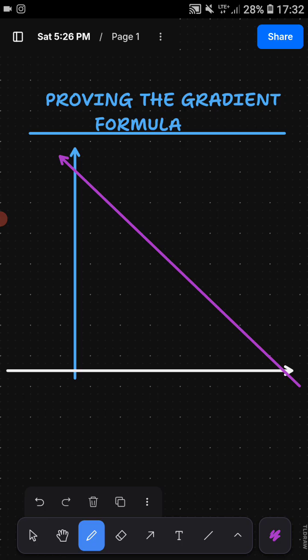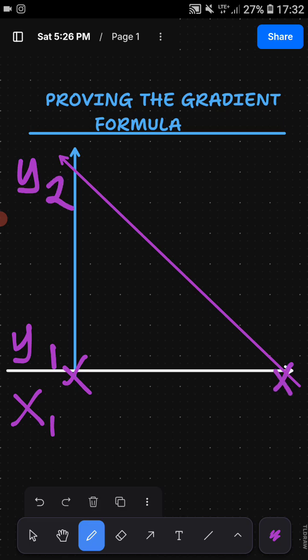Okay, so let's call this point x1 and the y coordinate here is y1, and let's say this point here is y2. Okay, and here the x coordinate is x2.